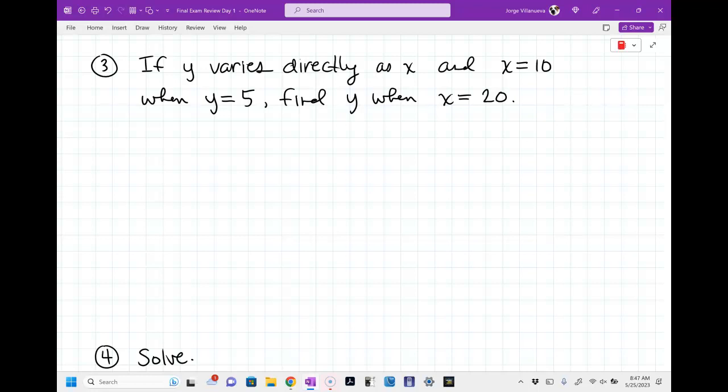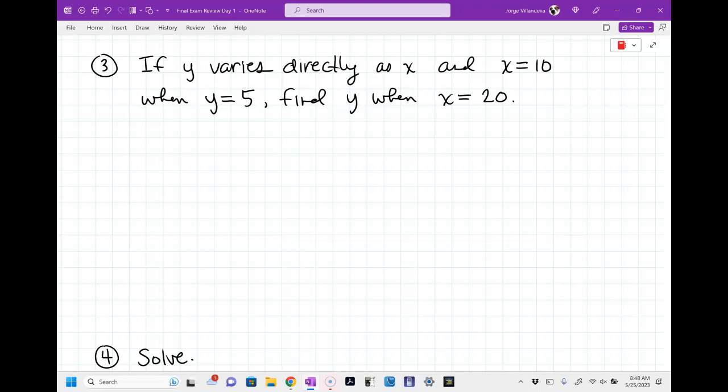Now remember, direct variation means that when one of the variables goes up, the other variable goes up too. They both either go up or they both go down together. They vary directly. One does something, the other one does the same thing. Inverse, the one we just did, when one goes up, the other goes down, or if one goes down, the other goes up. They do the opposite. Direct, they're going to do the same thing.